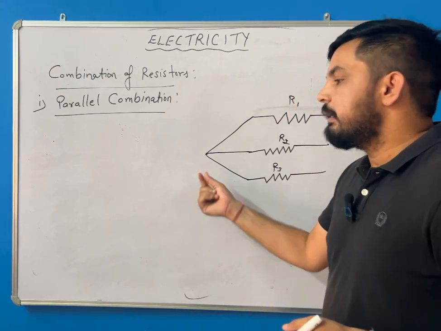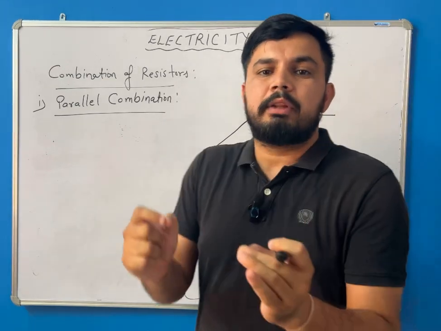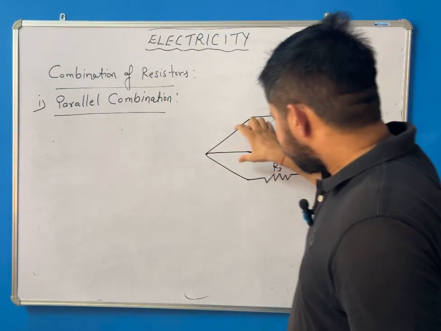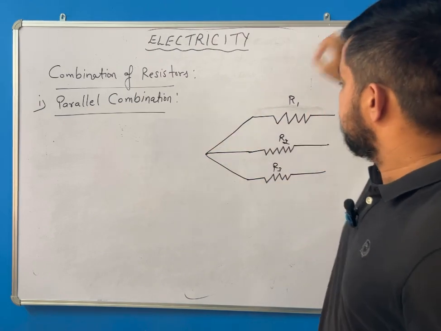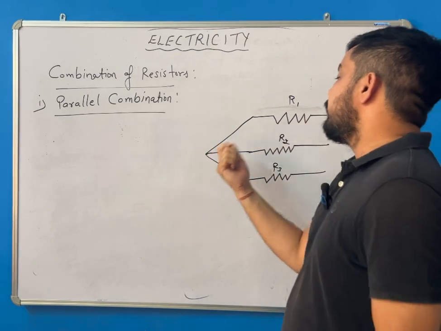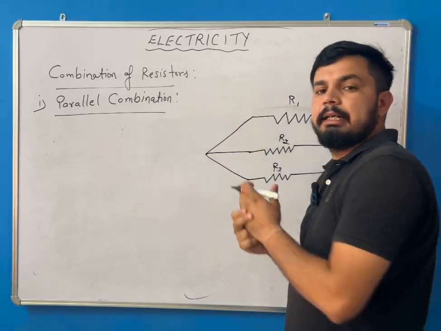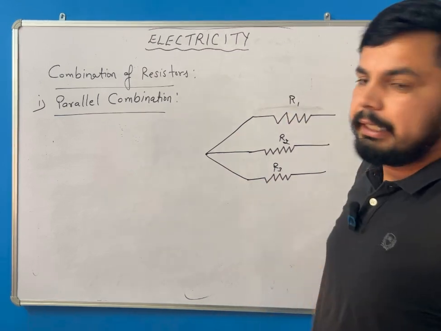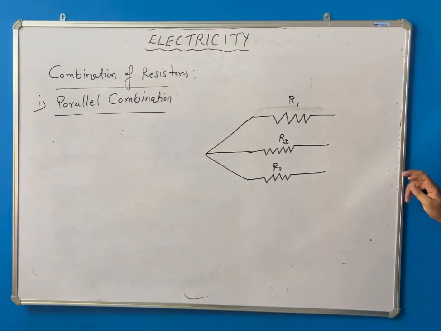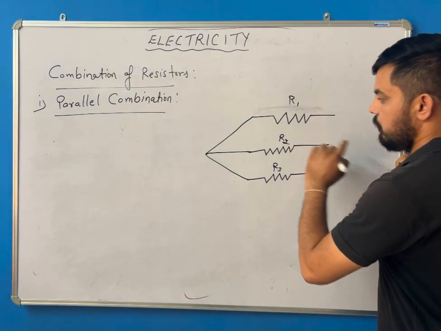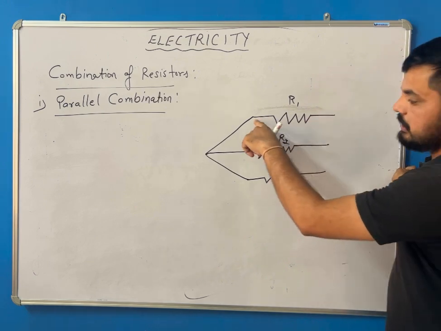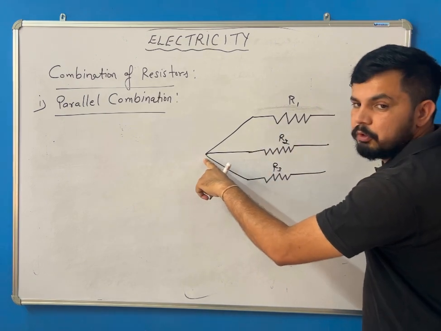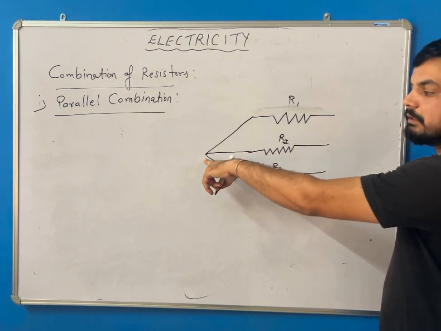What is a junction? It is where two or more than two paths separate. So again, the first end of all these three resistors is connected to a point which is called a junction.